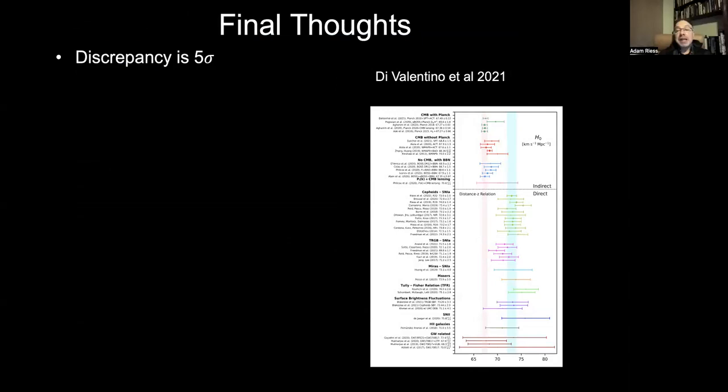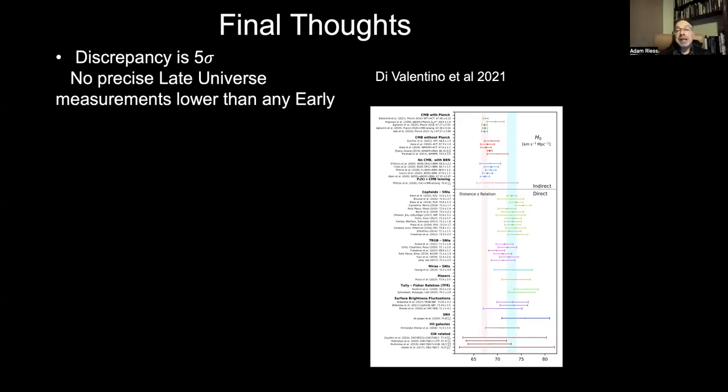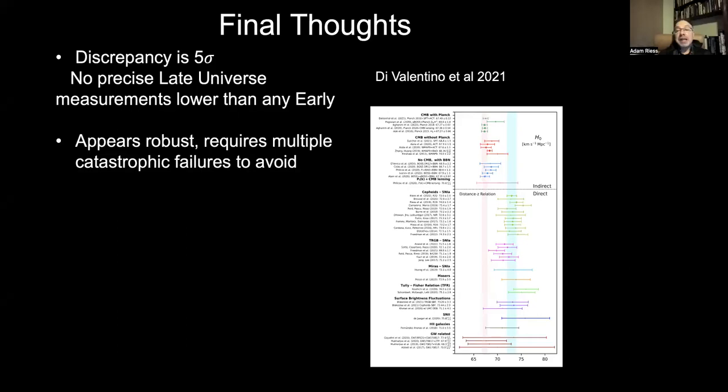So my final thoughts, and then I'll just take some questions. This discrepancy is about 5 sigma at this point. Another way to describe this is there's really no precise measurement of the Hubble constant coming from the late universe that comes in any lower than those from the early universe. That's just another way of saying everything's pretty much on one side or the other side, split by whether it's early or late.